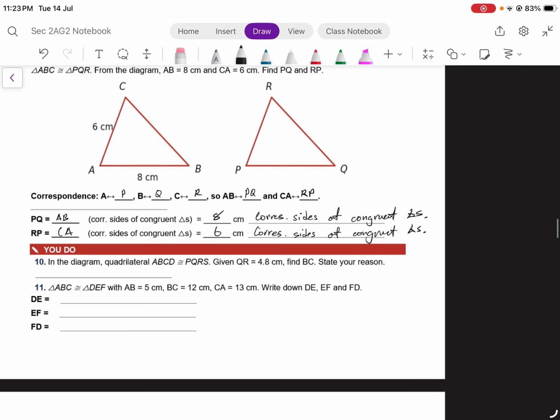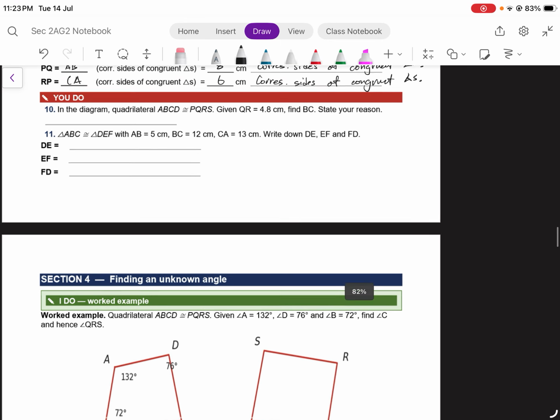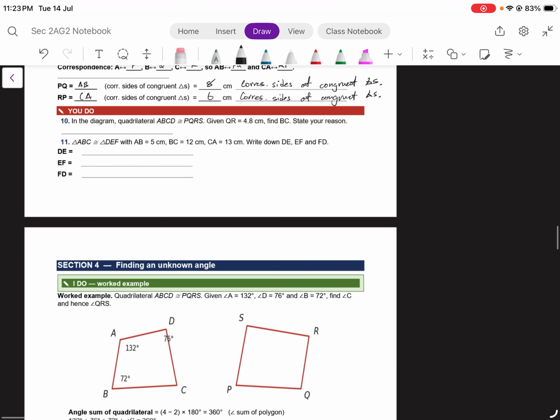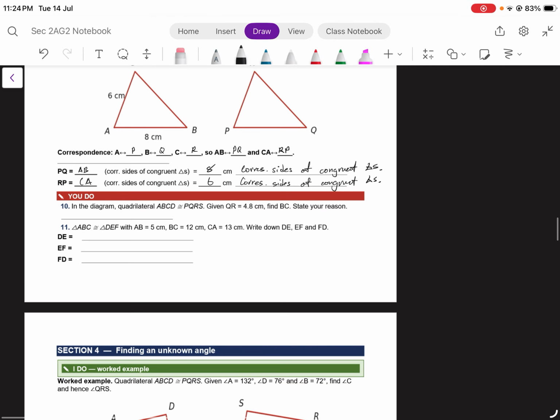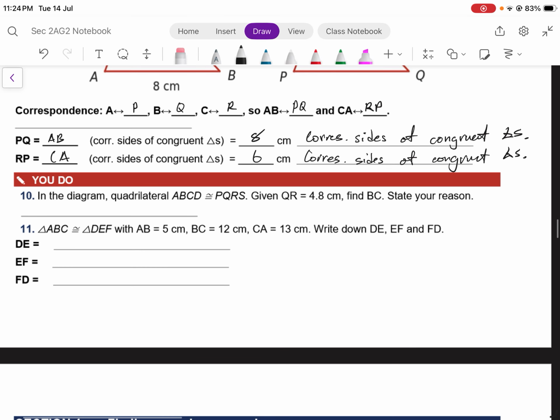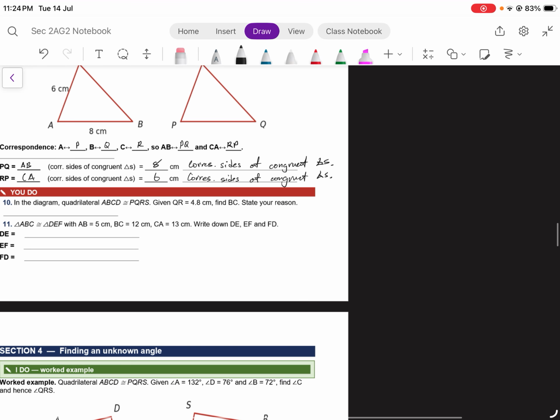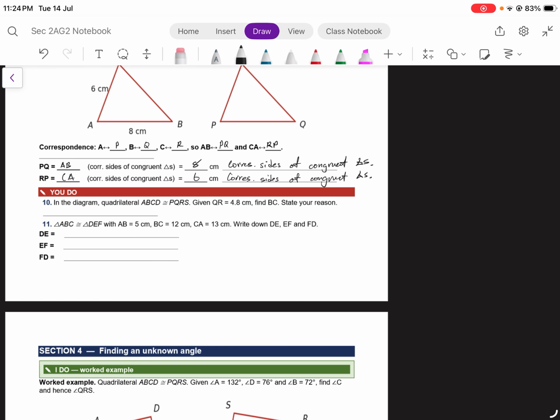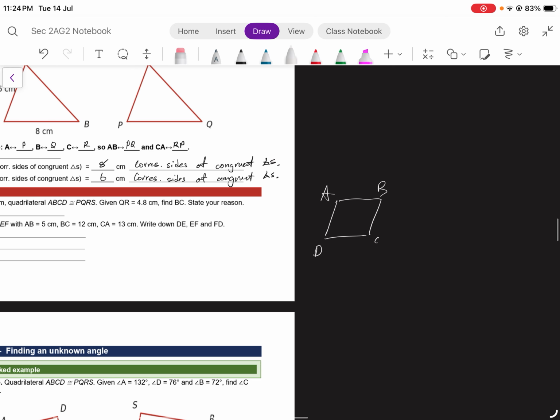Okay, in the diagram, quadrilateral ABCD equals PQRS. Given that QR equals 4.8, find BC. So let's draw it out. Okay, let's say I draw ABC, quadrilateral. So we just draw a quadrilateral, assuming it's a four-sided figure. So I'm going to write A, B, C, D, then PQRS.